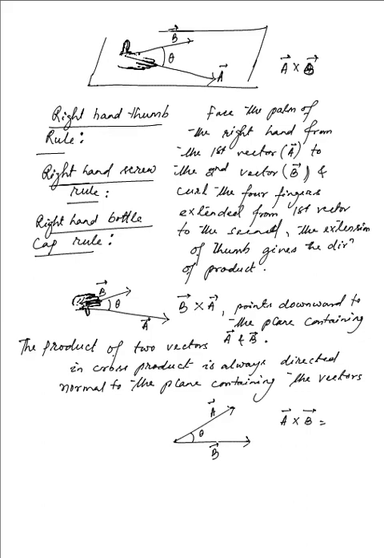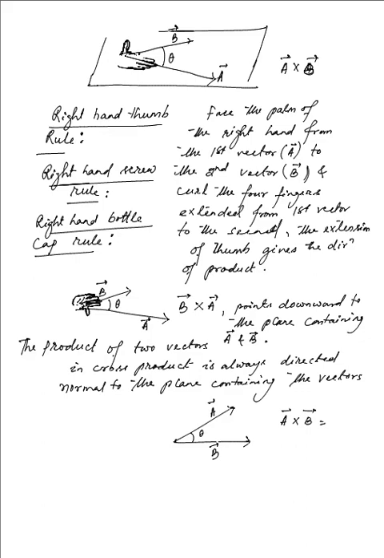because when you are rotating, you are obviously rotating the screw in the clockwise sense from the first vector to the second vector. The first vector over here is A, which is on that side of B, and the vector B is below it. So as I rotate the screw from the first vector to the second vector, it will be rotated clockwise, and while rotating in the clockwise sense, it is definitely going to drive the screw into the plane of the screen or the paper that you're viewing right now.